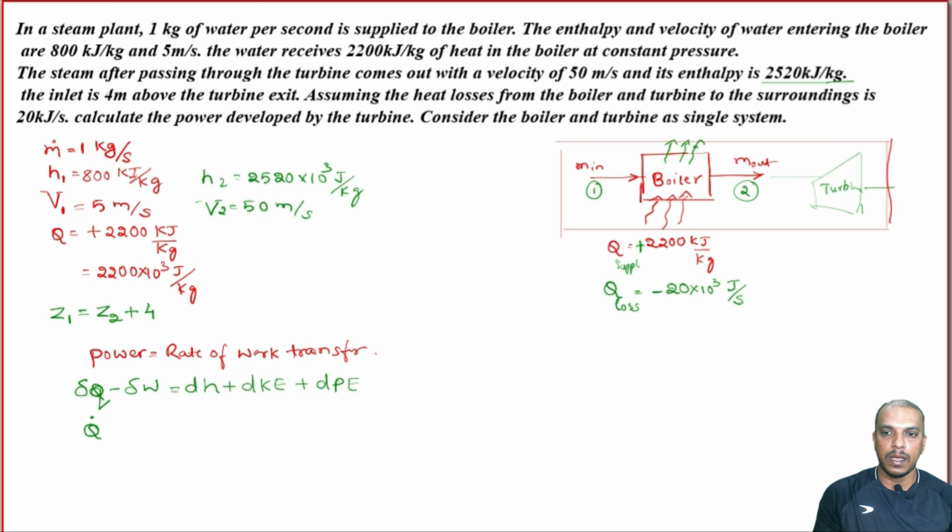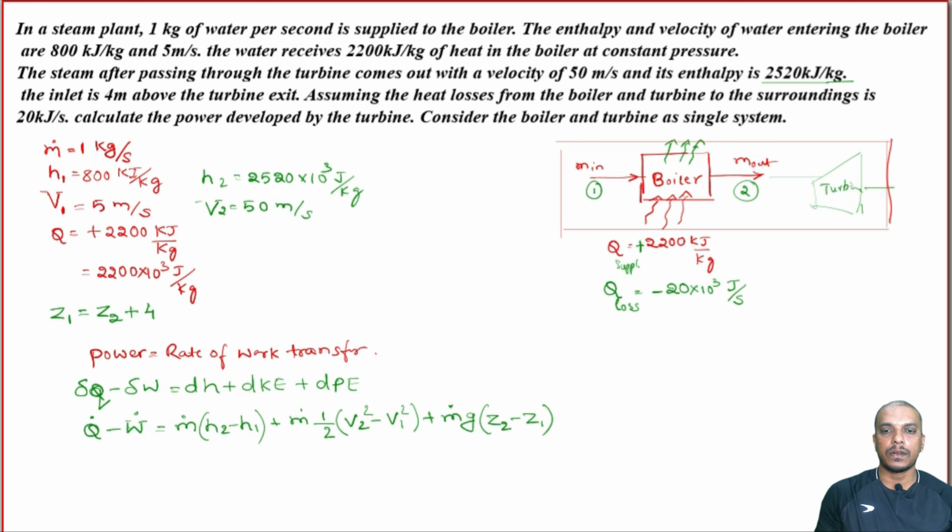So, better I am writing it in watt here. So work transfer will also be in watt. And this will be mass flow rate into H2 minus H1 plus mass flow rate into half into V2 square minus V1 square for the change in kinetic energy, plus the change in potential energy multiplied by mass, just to keep it in joule per second, g into Z2 minus Z1.